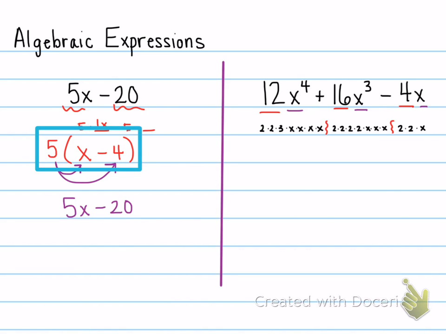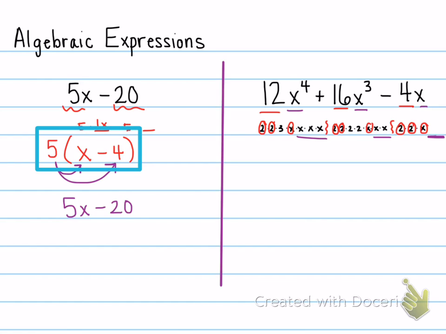So now when we're looking at what we're going to take out, I see that I have a 2 and a 2 that's the same, another 2 that's the same. I have an x and an x that's the same. And even though there are x's in this one and in this one, because there's none left over here, you can't take any more x's out.